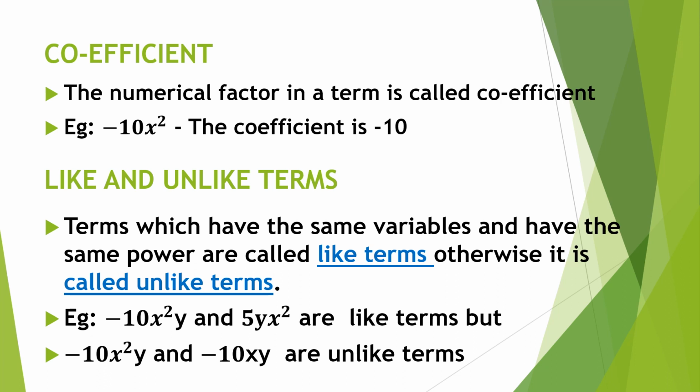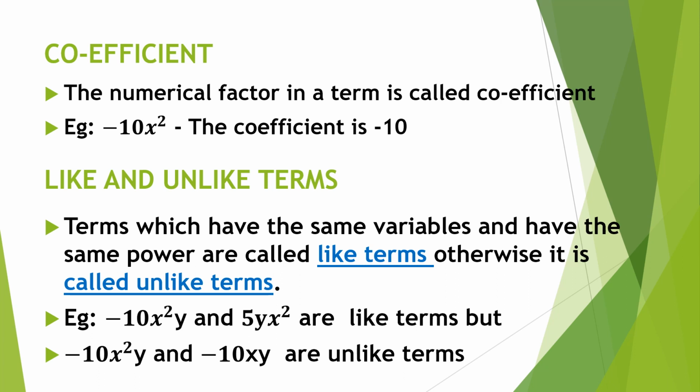You can see the example: minus 10x square y and 5yx square are like terms. Why? Because here the variables are x and y, and in the second term 5yx square the variables are x and y only. Second thing we have to check is power of the variable.